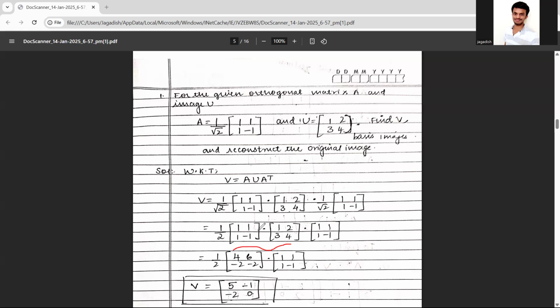After multiplying these two, you will get 4 6, minus 2 minus 2, into 1 1, 1 minus 1. So 4 into 1 is 4 minus 6 into 1 will be 10. So you will get one matrix, but here half is there. When you divide it, you will get 5 minus 1, minus 2, 0.